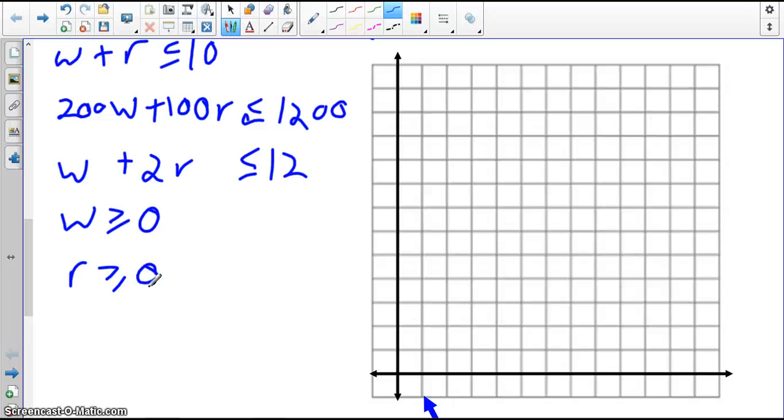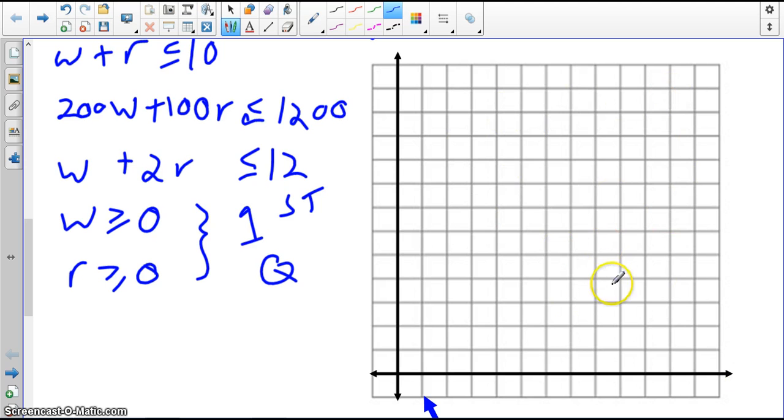They are not in the problem directly, but if you think about it, you're dealing with positive quantities. You can't have a negative number of acres of wheat or rye. So you always have these, and basically these last 2 mean that this is in the first quadrant, up here where everybody's positive.